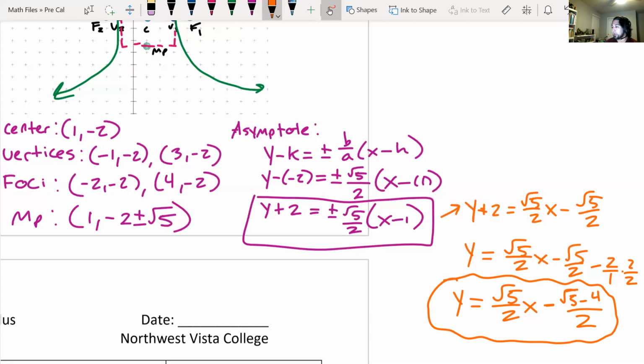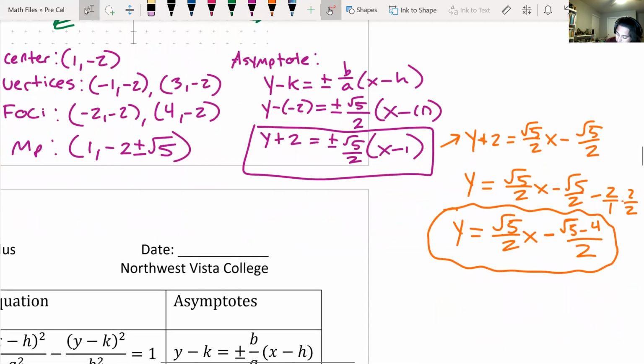I'm assuming that you could probably still keep this plus or minus though, right? Because then that would be negative. Yeah, maybe you could have plus or minuses on both. Let's see. Because that was plus, and if I go minus, that would be y equals negative square root of 5 over 2 x.